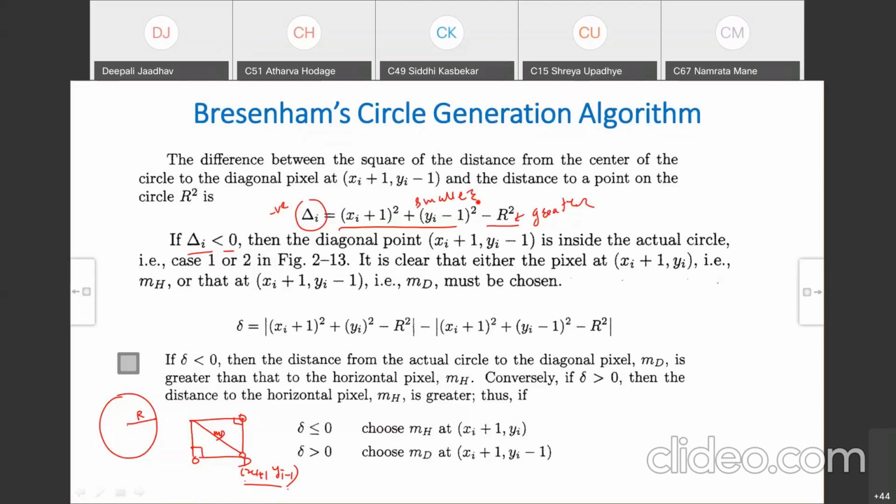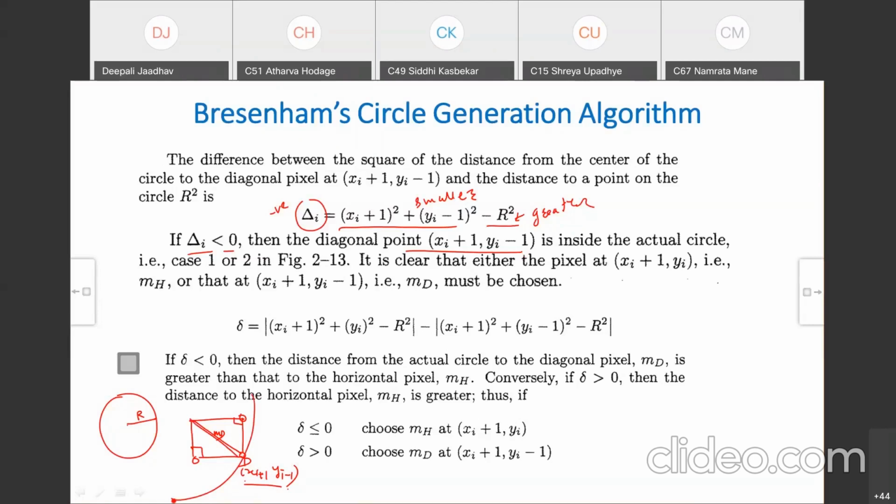So it is smaller means what? This is closer. Correct? That's why if delta I is less than 0, then the diagonal point xi plus 1, yi minus 1 is inside the actual circle. Why? Because it is nearer and that's why it is inside the actual circle. Have you understood?